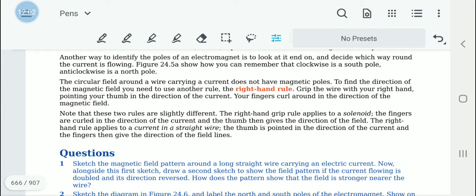Then when you go to the right hand rule, we are talking about a current carrying wire. That would not have magnetic poles. So that is going to be a little bit difficult for us to understand, but using the right hand rule, we can figure out in which direction the field lines are going to be.